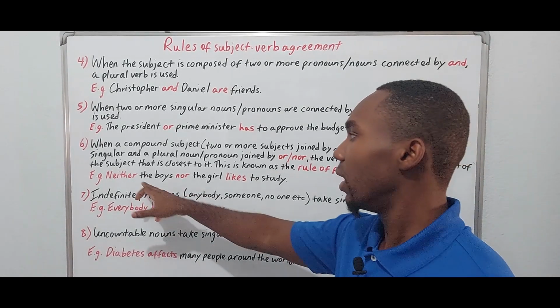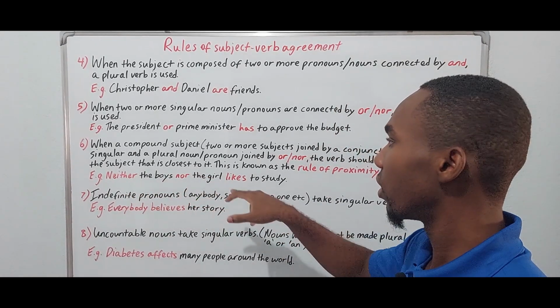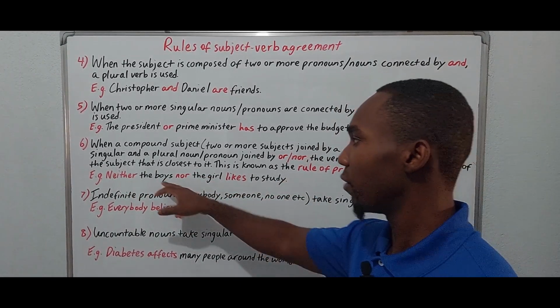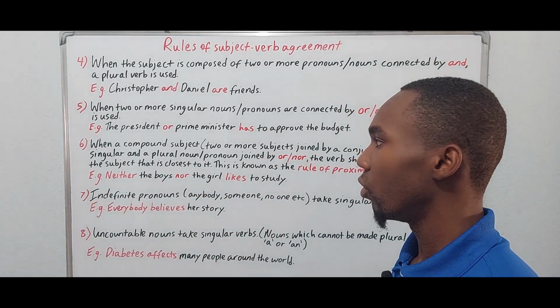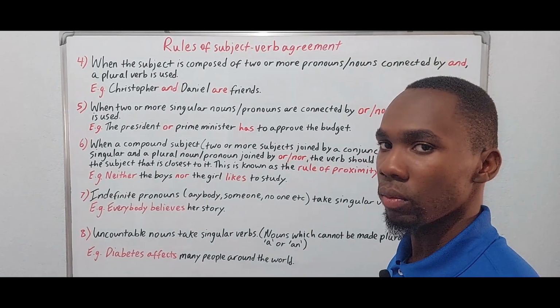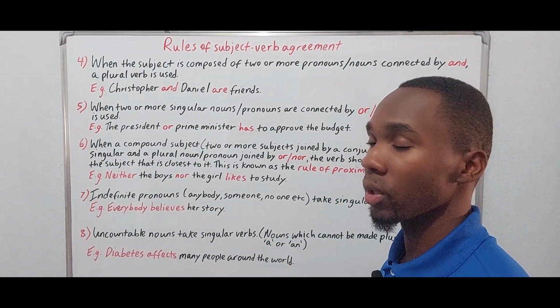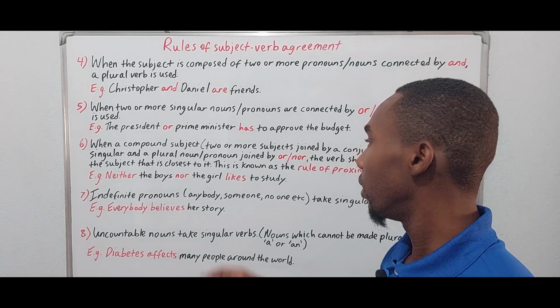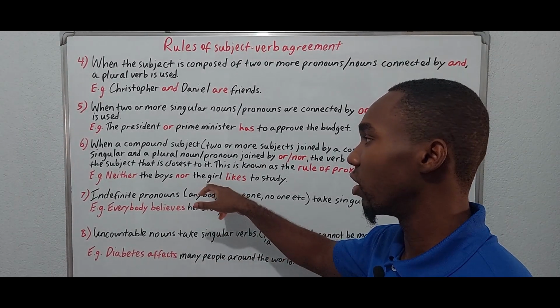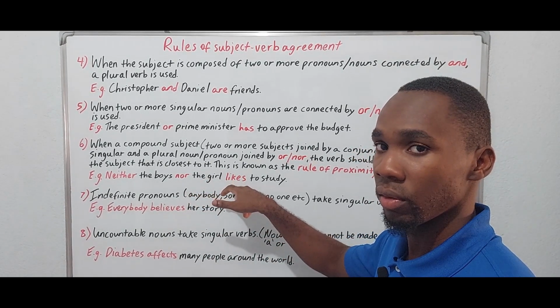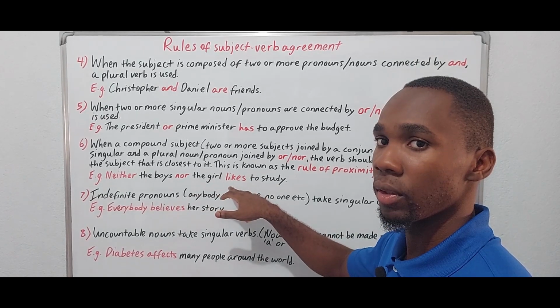So in the example, neither the boys nor the girl likes to study. So you see we have two nouns. So the question is, which one does the verb have to agree with? The verb will have to agree with the girl because that is closer. That's closer to the verb.